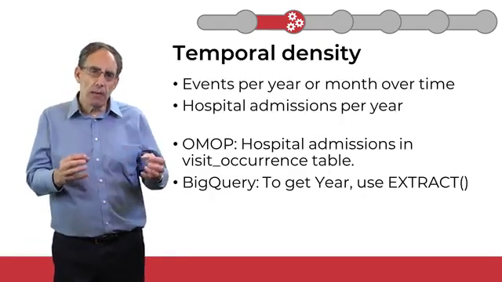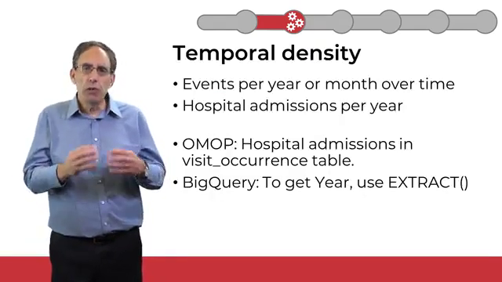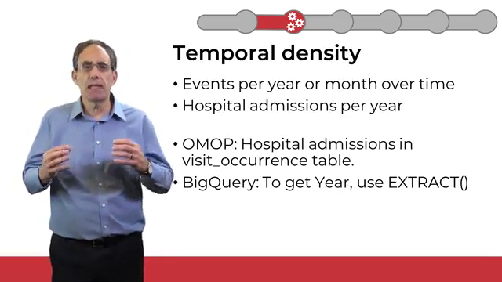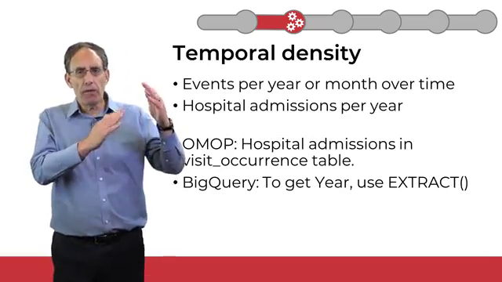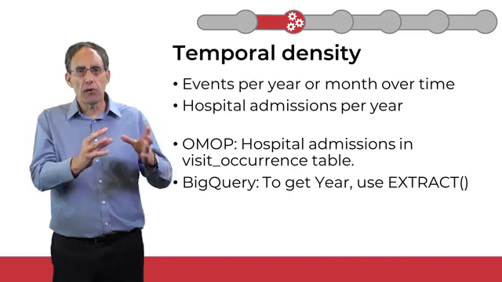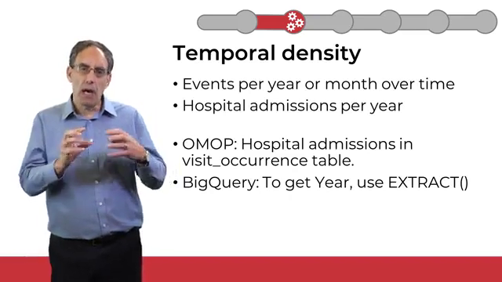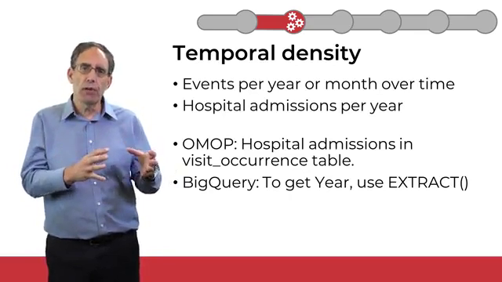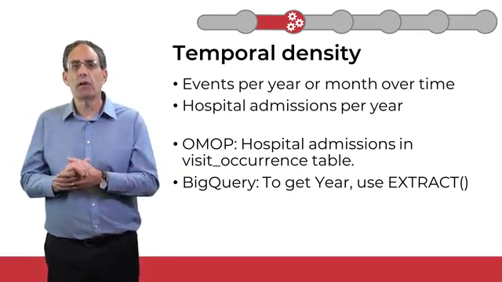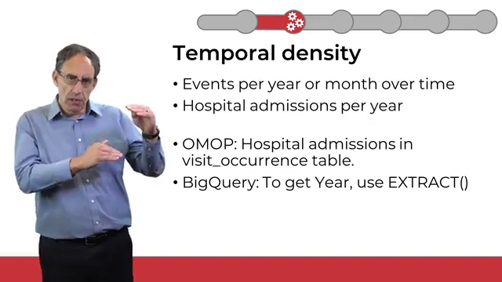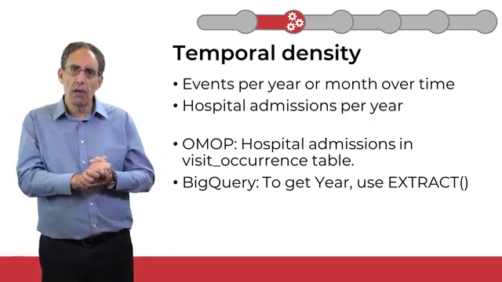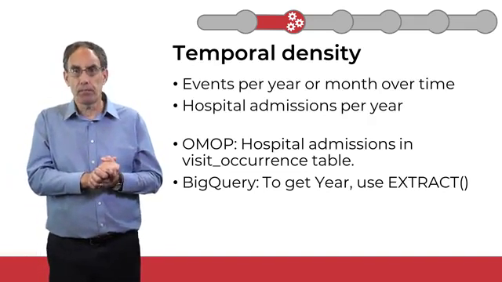As our final example using SQL, we look at a simple temporal density measurement, the number of hospitalizations that occur per year in MIMIC. In OMOP, hospital admissions are stored in the visit occurrence table. We will use the visit start date column for the year of admission.